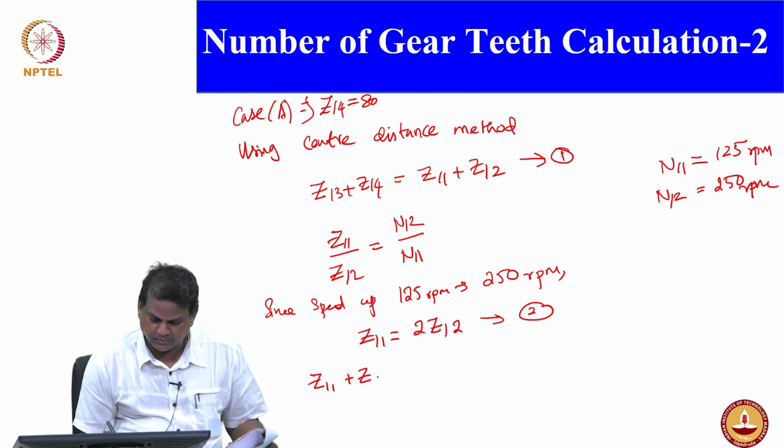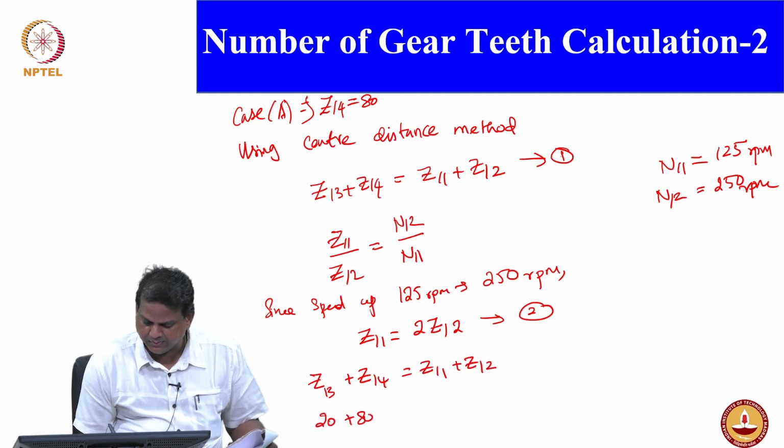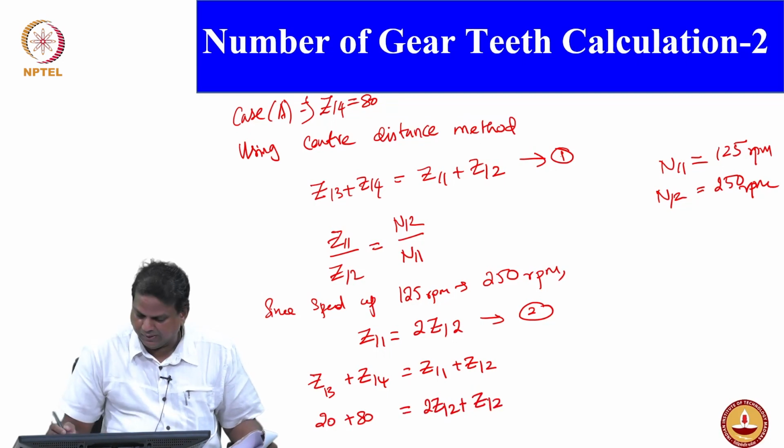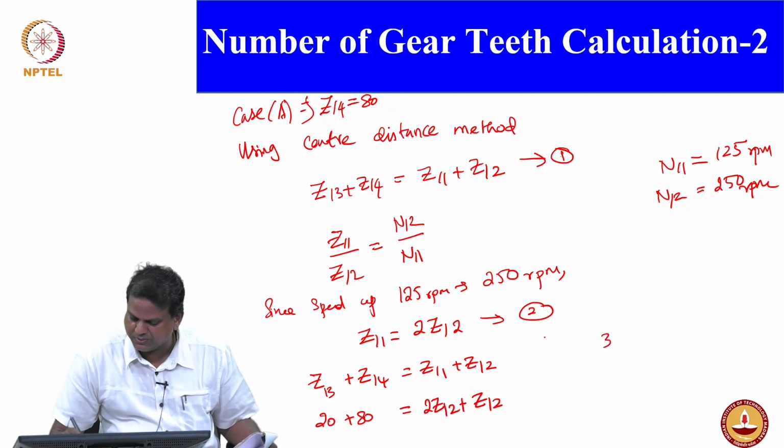Now I will use it the other way around: Z13 plus Z14 equals Z11 plus Z12, and if you rewrite, this is 20 and this is 80. Instead of Z11 I can have 2 times Z12 plus another Z12. So ultimately I would expect 3 times Z12 must be equal to 100.